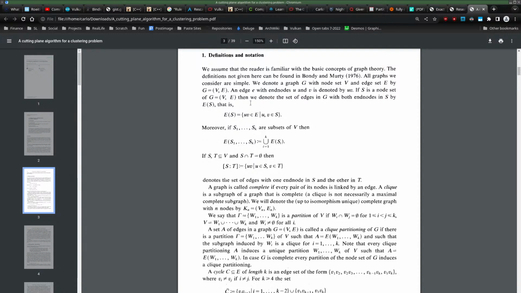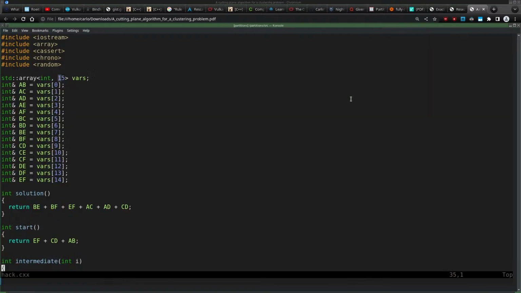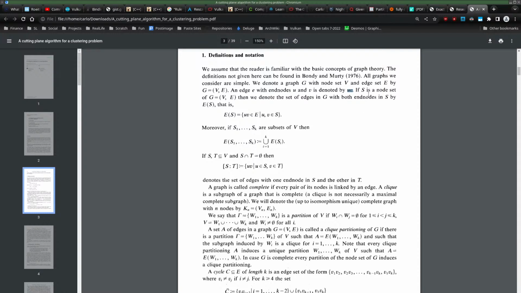It's kind of logical. An edge e with end nodes u and v is denoted by uv. This is my edge, denoted by the 2 elements.